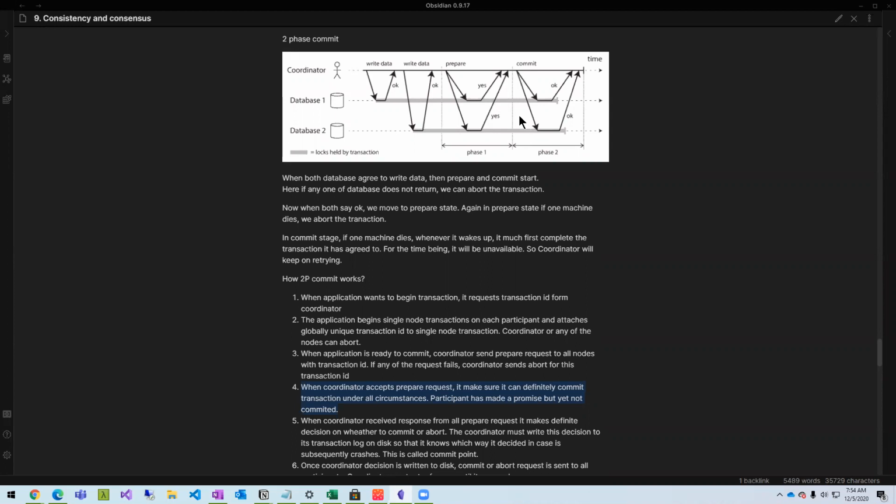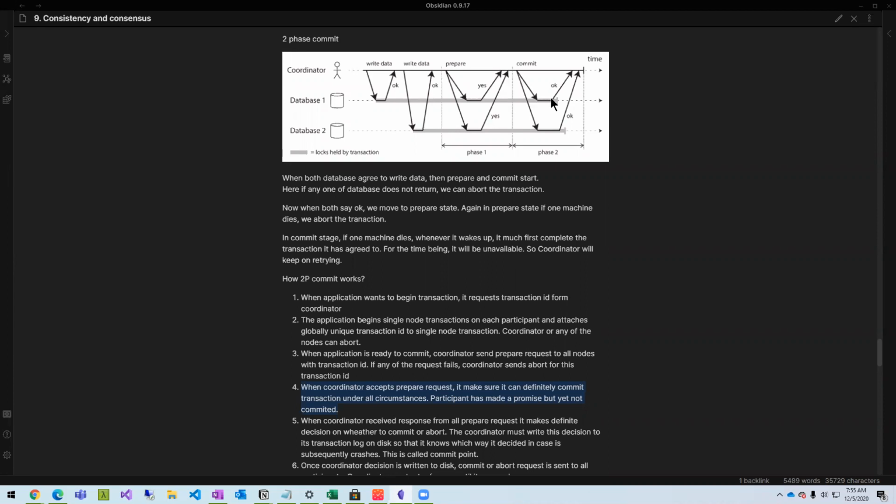So now one problem here is that after they have replied yes, what if the coordinator itself dies? If the coordinator dies, then because these two databases and these rows are waiting for the response from the coordinator, they will be in the locked state forever until the coordinator comes back alive, right?